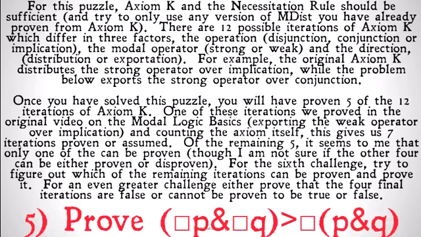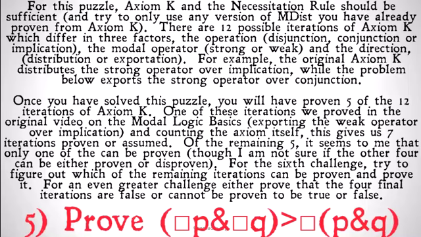And counting the axiom itself, distributing the strong operator over implication, that gives us 7 iterations either proven or assumed. Of the remaining 5, it seems to me that only one of them can actually be proven, though I'm not sure if there's some way to demonstrate that the other 4 can be disproven, if there's a way to actually prove them, or if there's a way to demonstrate that they can neither be proven nor disproven.